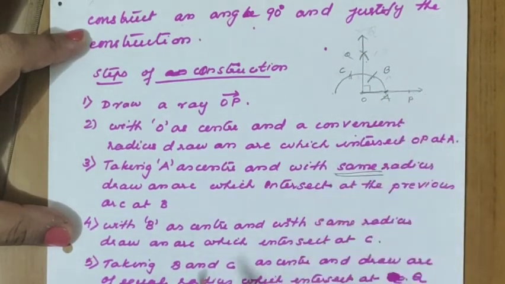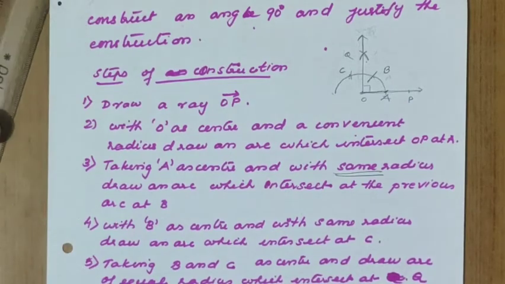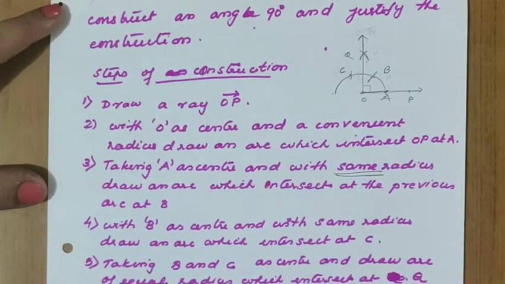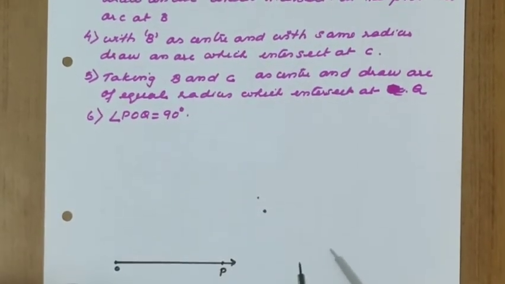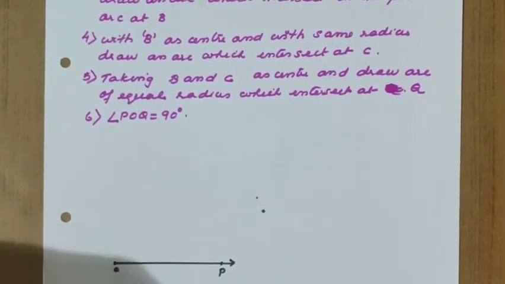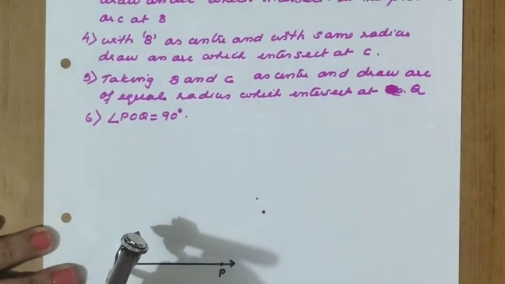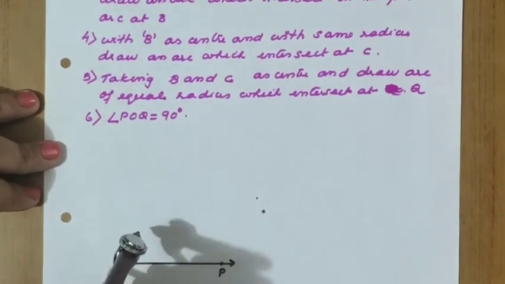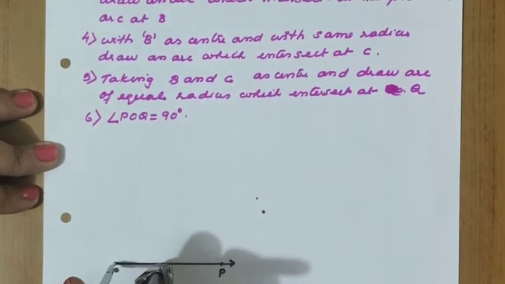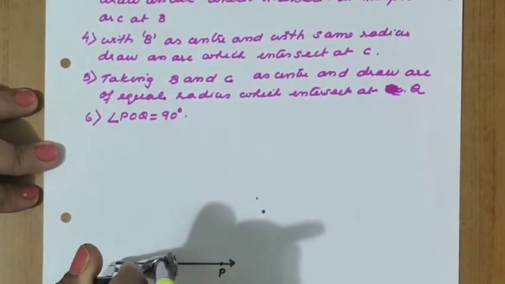Then angle POQ equals 90 degrees. A ray OP is given. Now what is the next step? With O as a center, we have to draw a semicircle.